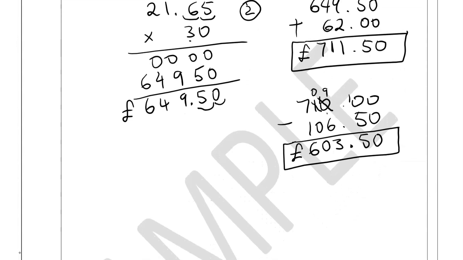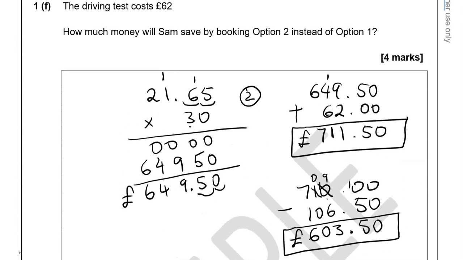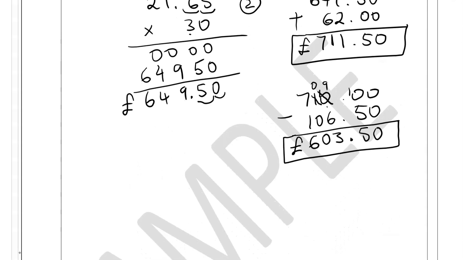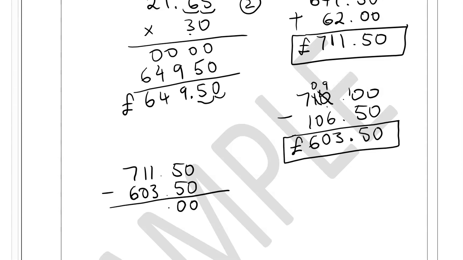What is the difference? Because that's what we need. How much money will Sam save? So we're going to do now £711.50 take away £603.50. So that's 0. Now we need to borrow 1 from this.